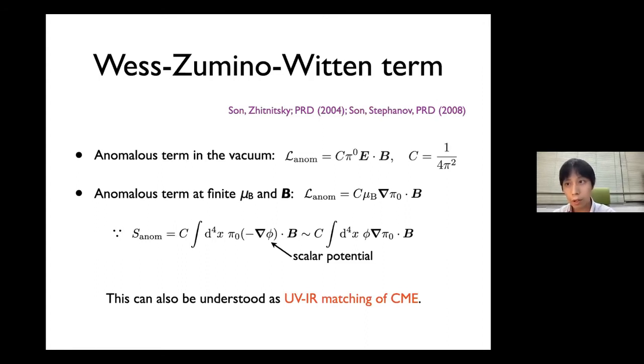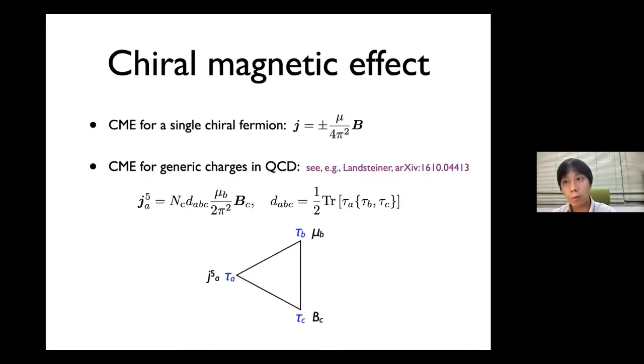I will also give you another derivation based on the UV-IR matching of the chiral magnetic effect. The chiral magnetic effect is the effect that Dima gave a talk on yesterday. Just to remind you, the chiral magnetic effect is a current along the direction of the magnetic field of relativistic chiral fermions.